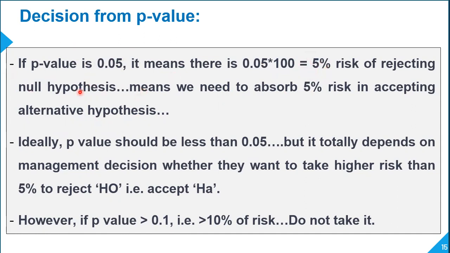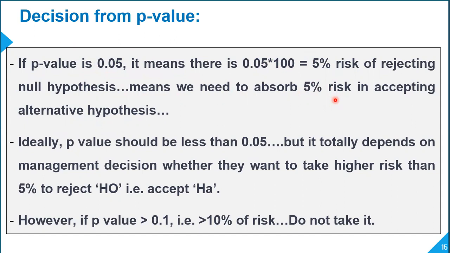So let me repeat this point again. If p-value is 0.05, it means there is 0.05 into 100, which is 5% risk of rejecting null hypothesis. Means we need to absorb 5% of the risk in accepting alternate hypothesis, which we really want to do. We want to accept the alternate hypothesis, right? But for that sake, we have to take 5% of risk.